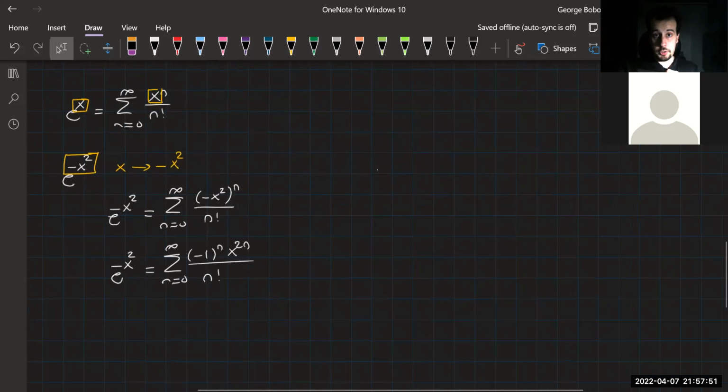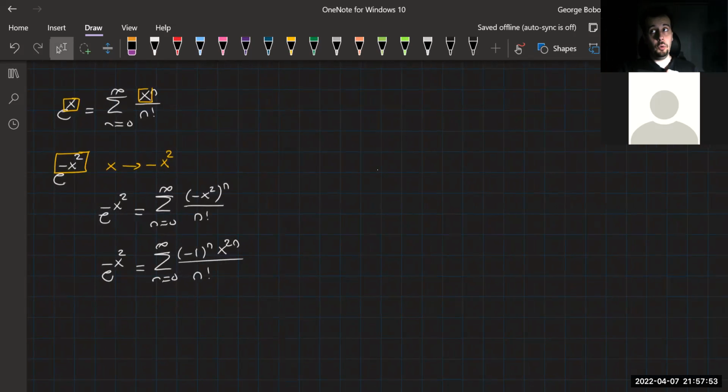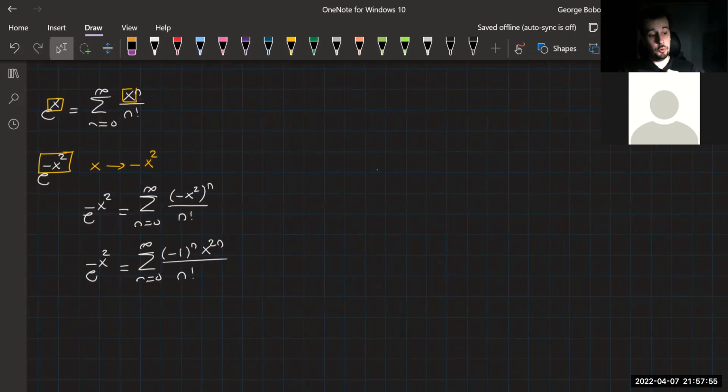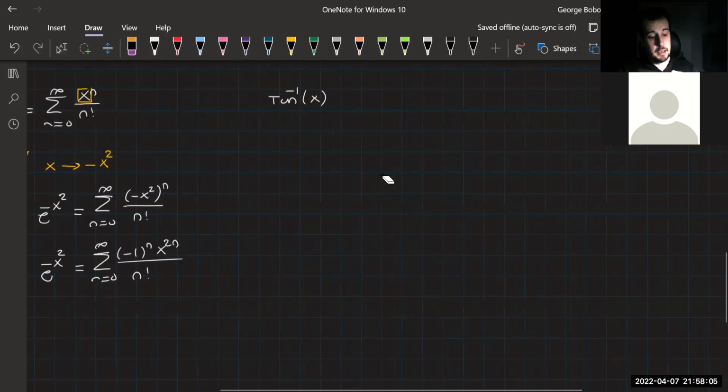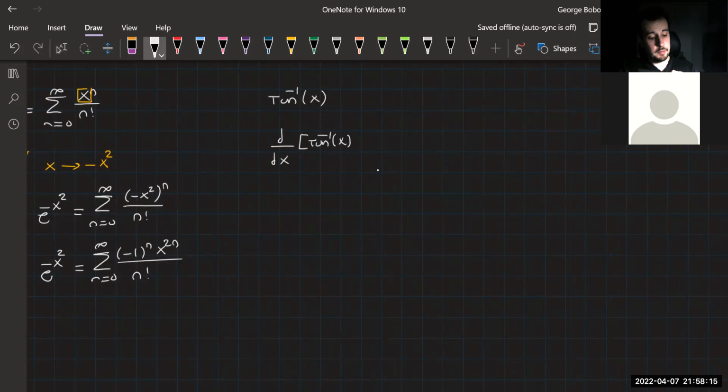Similarly, you can do more tricks with this. For example, if someone was to ask you what is the Taylor series, or the power series rather, of this function? You probably don't know where to start, but the derivative of this, we kind of know.